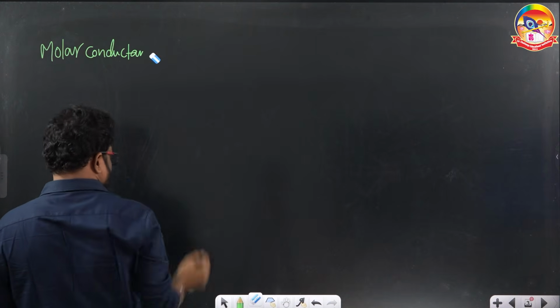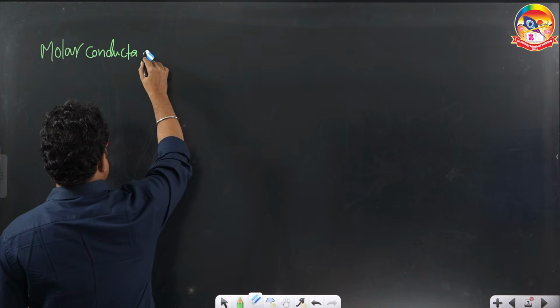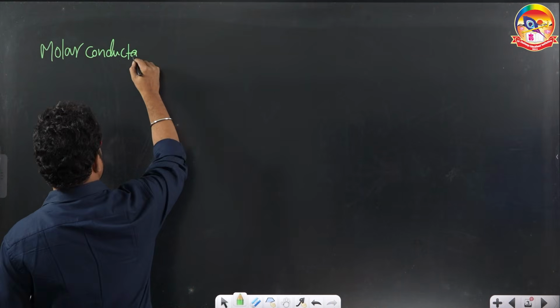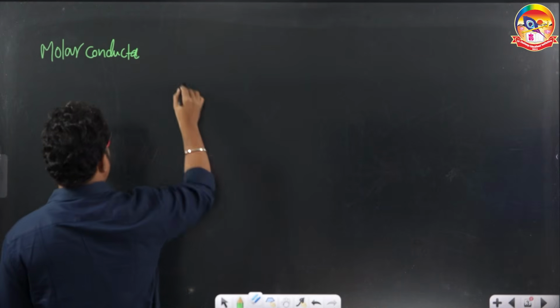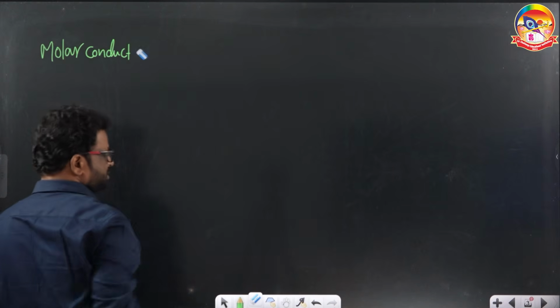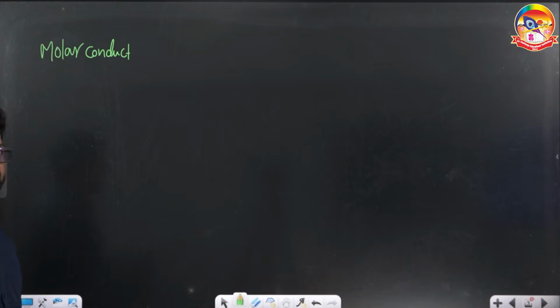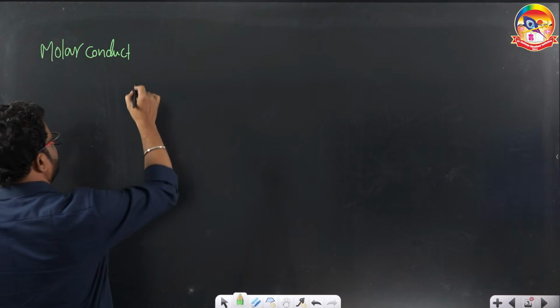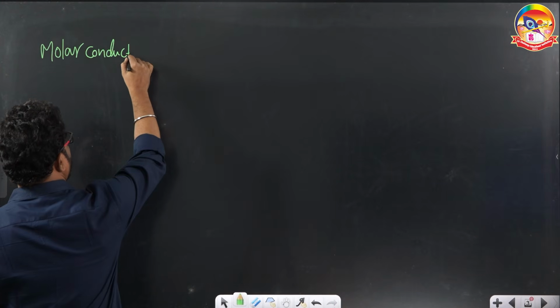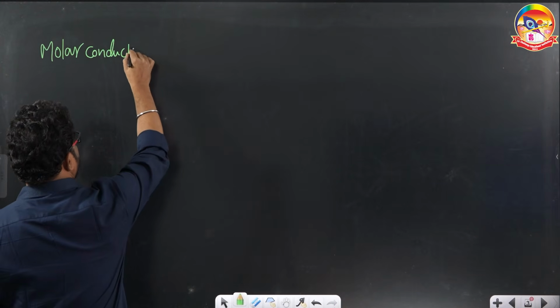Both are used with the same meaning, but conductivity is the more important term. Actually, conductivity kappa is also called specific conductance. Conductivity is specific conductance. Resistivity is specific resistance.